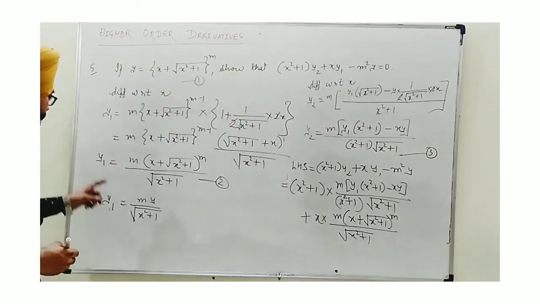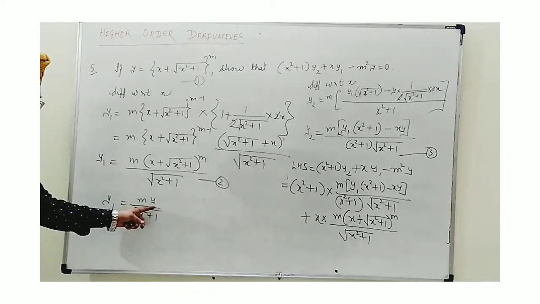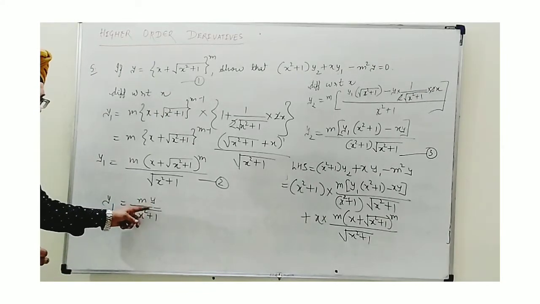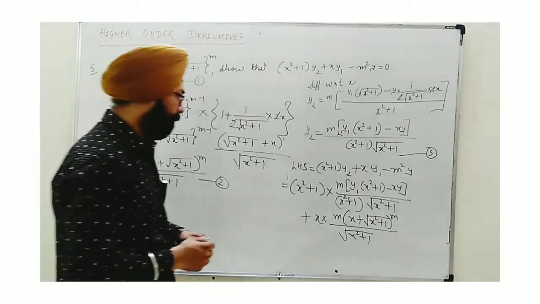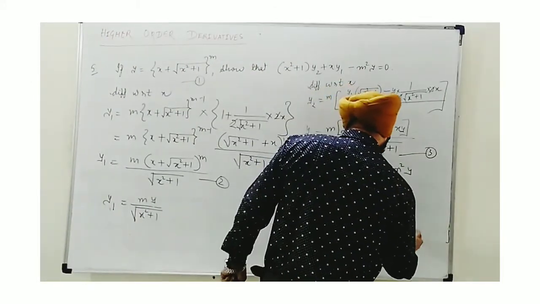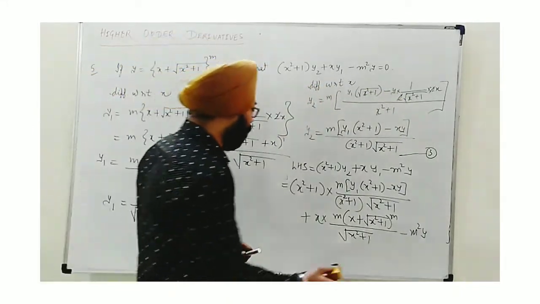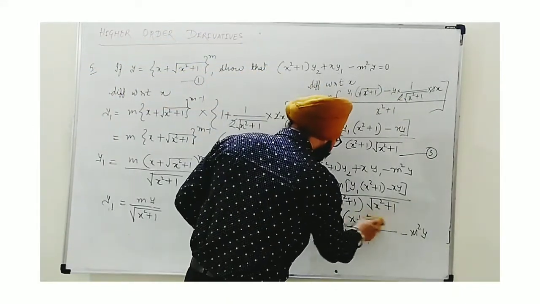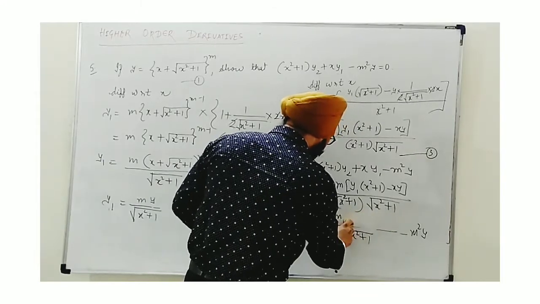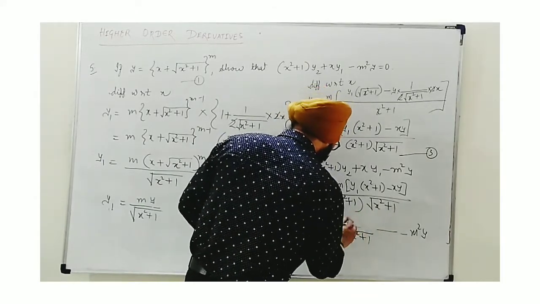But one thing I find is that this y1 can be represented in terms of y, so this value also can be utilized. Now further we have minus m² y. We can put here y also for convenience if needed, then later we can replace y by its original value.